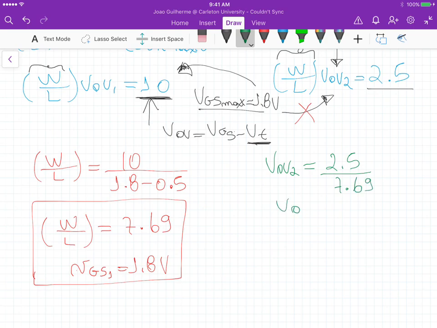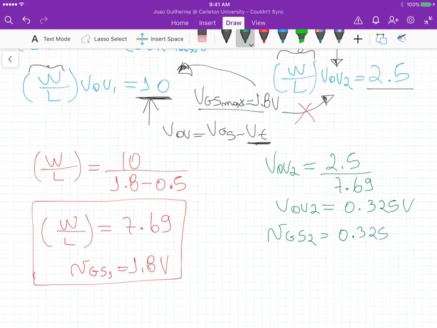And this gives us an overdrive voltage 2 that is equal to 0.325 volts.